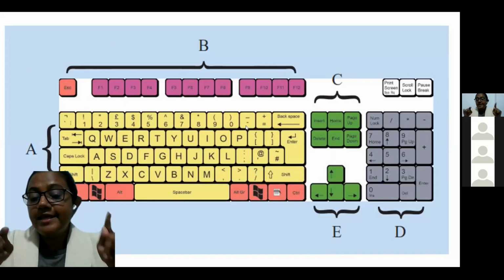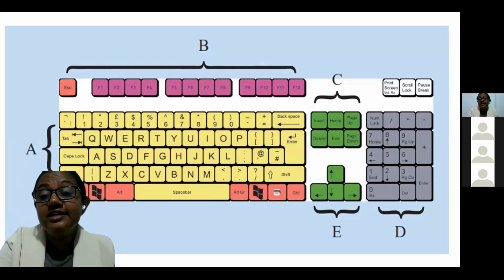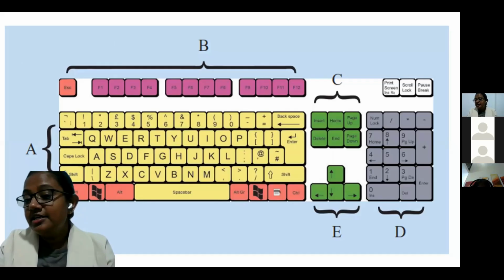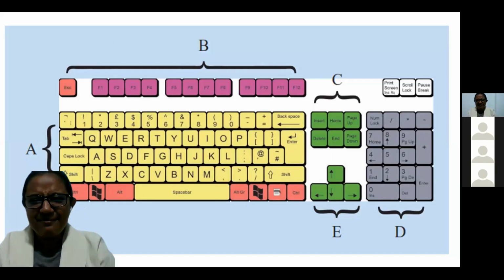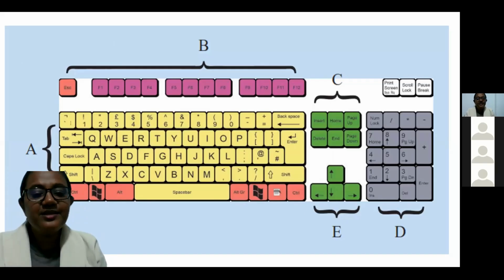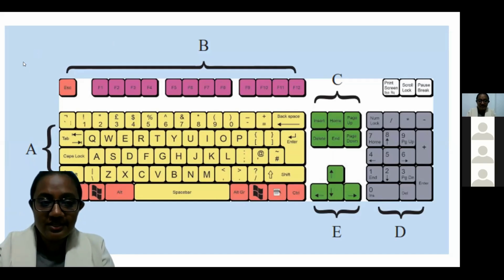Right, let's go to the keyboard diagram. Can you identify which color is used to indicate the control keys? Which color do we use? Yeah, we use pinkish, right? We use the pink color. Right. Can you identify the keys?